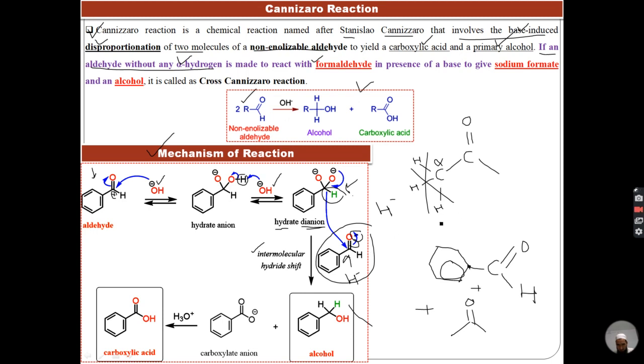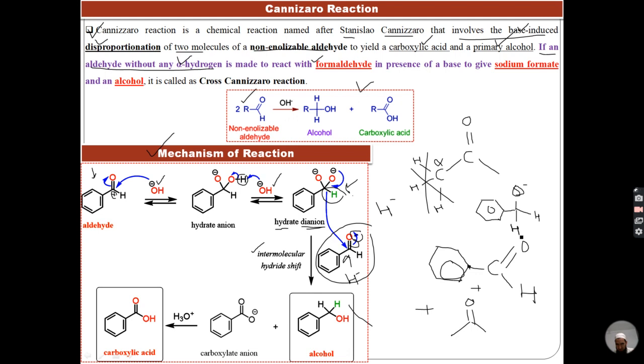Okay? So let me show it here. So you have benzene ring. So after the hydride shift, what we get is oxygen negative charge, and then we have hydrogen, and then another one which got added.